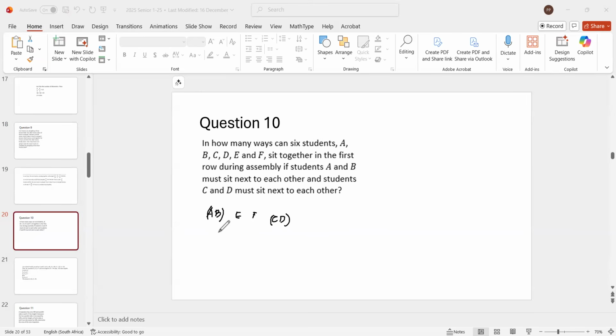Now you've got 4 objects, namely these bundled students, the E student, the F student, and this other bundled student. These can be arranged in 4 factorial ways.